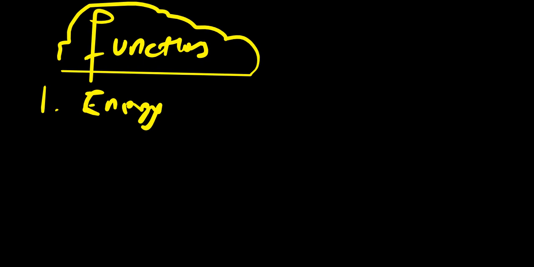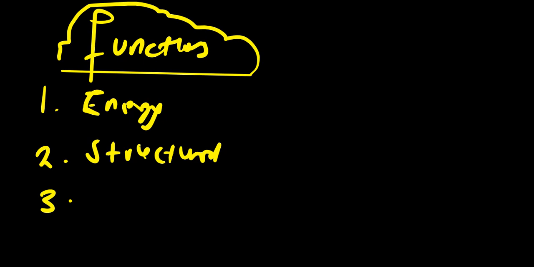For example, disaccharides are broken down into glucose, which is used as an energy source. Disaccharides can also be used as a structural component. So disaccharides can be components of more complex carbohydrates such as polysaccharides, as we will talk about as we proceed. Then certain disaccharides are used as transport molecules. They'll be used to transport glucose and other sugars across cell membranes.